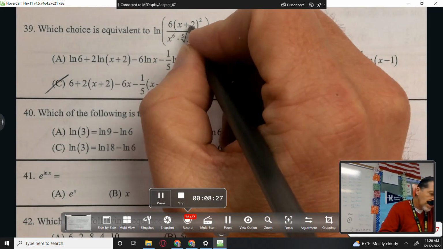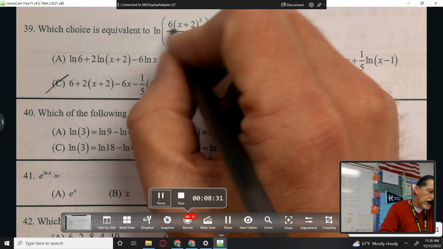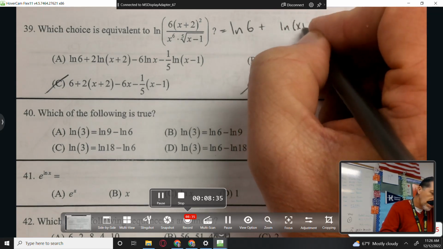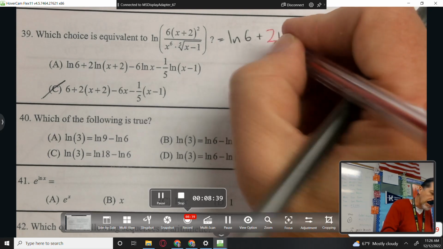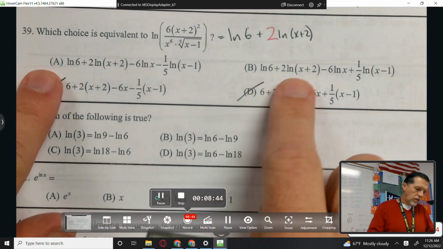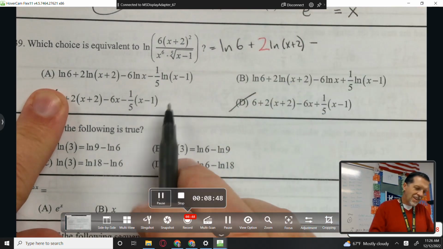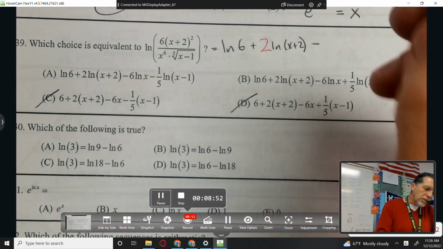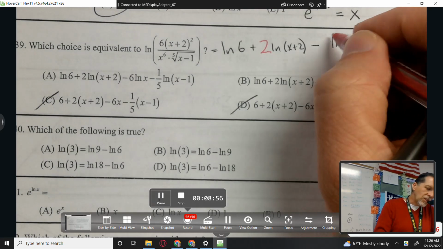We sort of did this earlier in number 34. If it's being multiplied, that means we could add, and then that 2 that was a power can come down front as an exponent. So that matches up to both of them. Stuff in the bottom will be subtracted, so minus natural log of x, but 2 to the 6 would go out front.